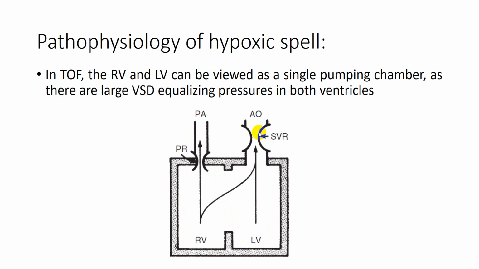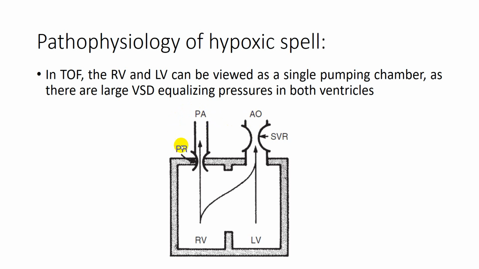This is the outlet of the left ventricle, I mean the aorta, and this is the outlet of the right ventricle, I mean the pulmonary artery. So if there is obstruction in the pulmonary artery, the preference of flow from the RV is to the LV, then to the aorta.